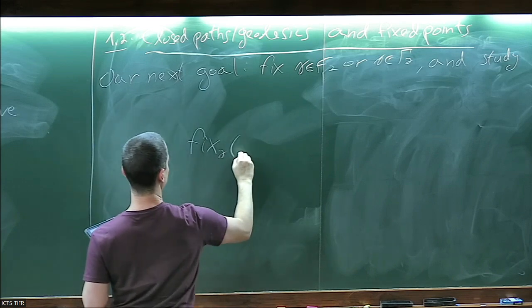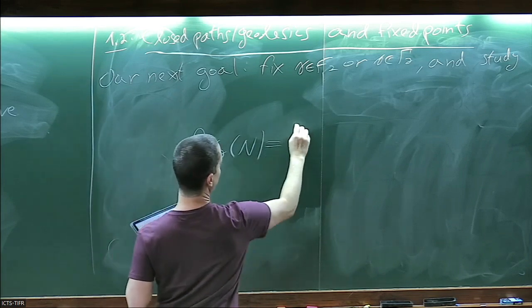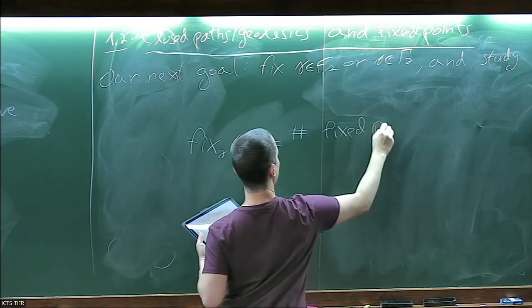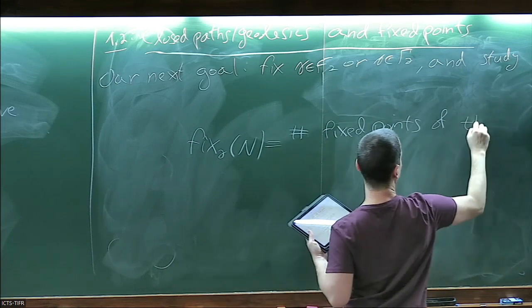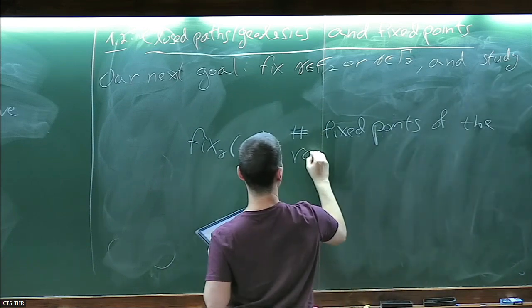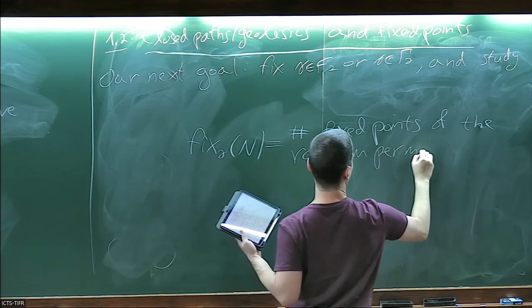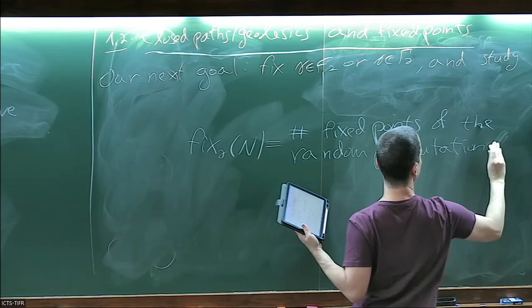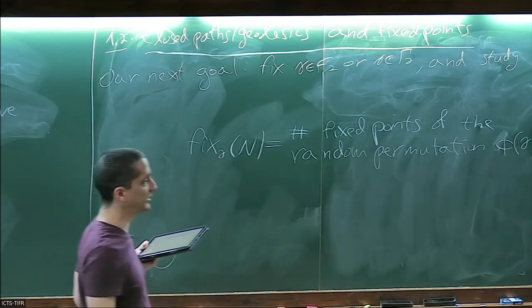So I'll write it like that. Fix gamma of n, this is just the number of fixed points of the random permutation which is the image of gamma through the homomorphism.